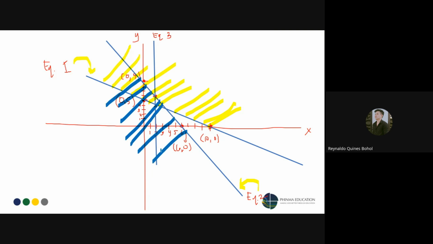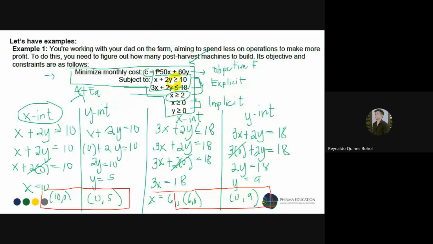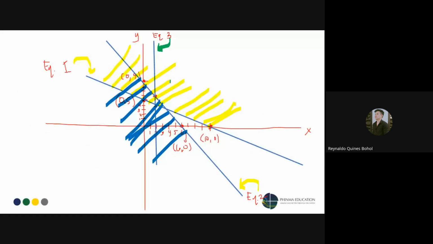Next naman is, gamit tayo ng green for the third equation. Ano bang symbol ng third equation natin, sir? Kitang-kita po dyan na greater than. So, going to the right.